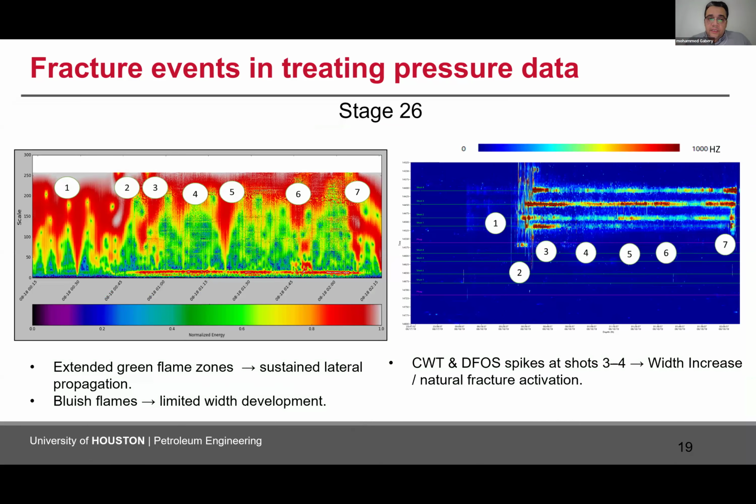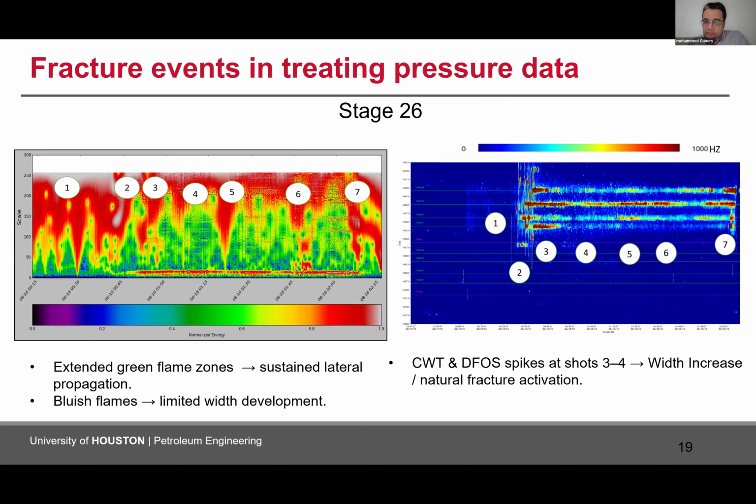For another fracture stage, compared to the scalogram of the previous stage, we can see a localized increase in high energy at shorter time. So we expect from only the scalogram that there are spots of high energy, or high strain rate, or high deformation rate at specific times.